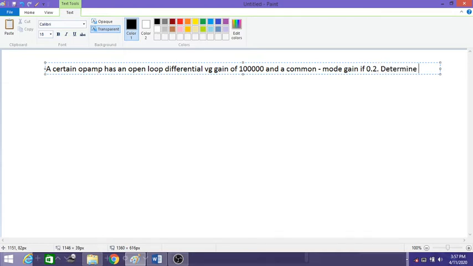Then determine the CMRR and express in dB.